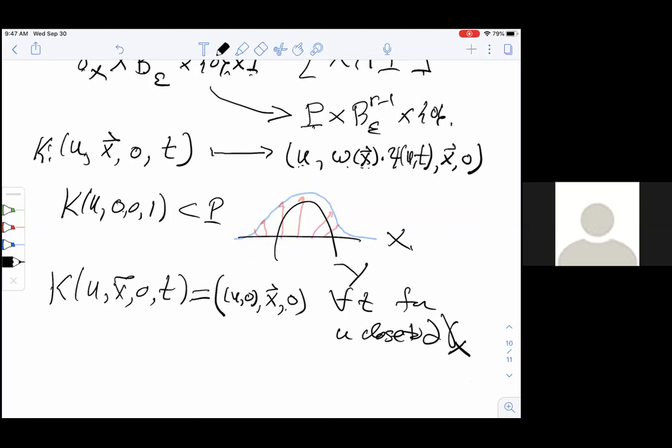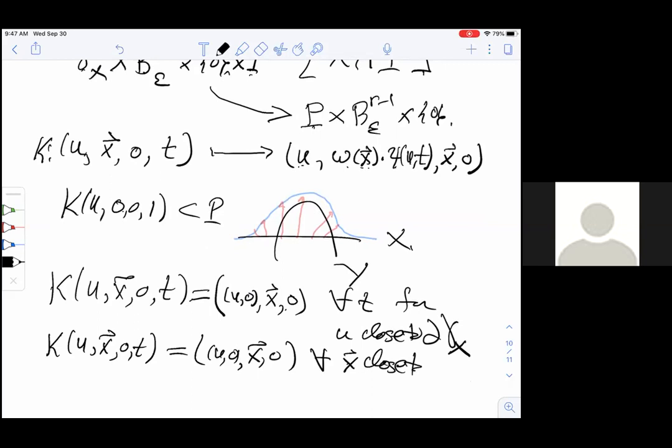What about when x is going toward epsilon? So k of u, x, 0, t equals u0, x, 0 for all x close to boundary of the ball, R minus 1.